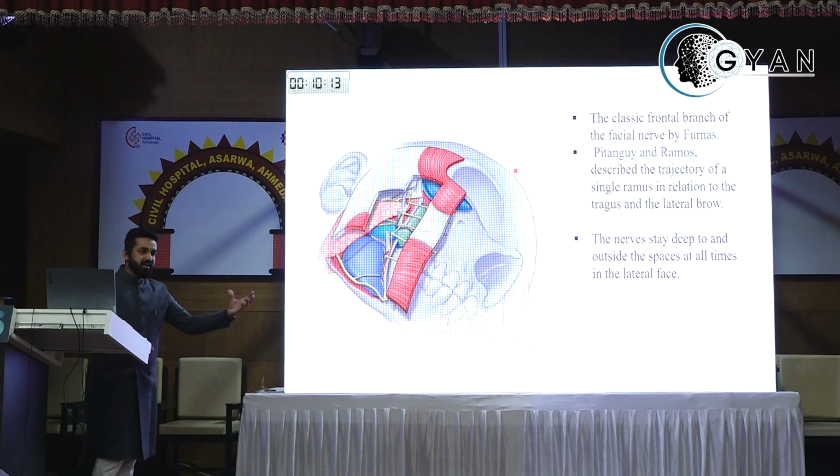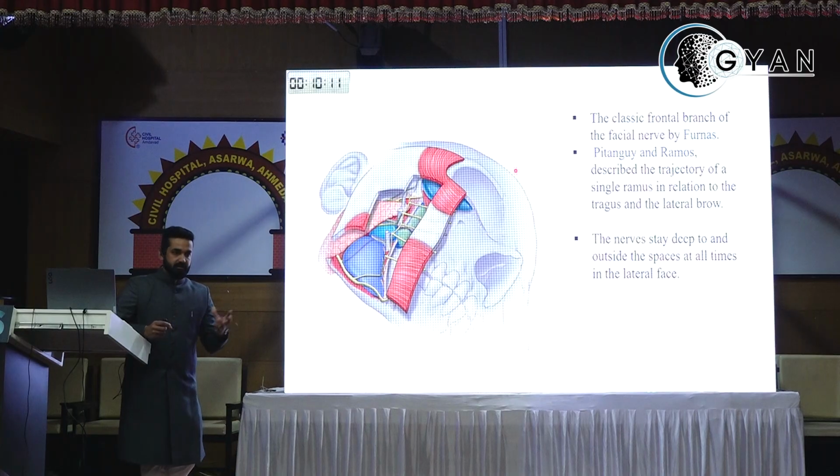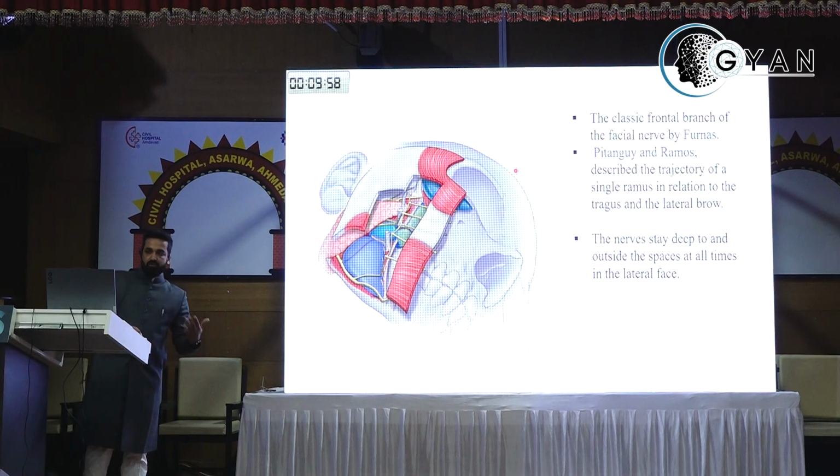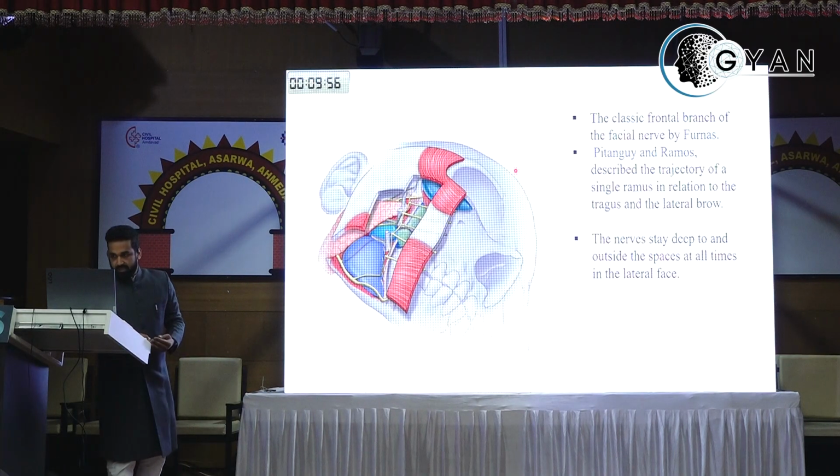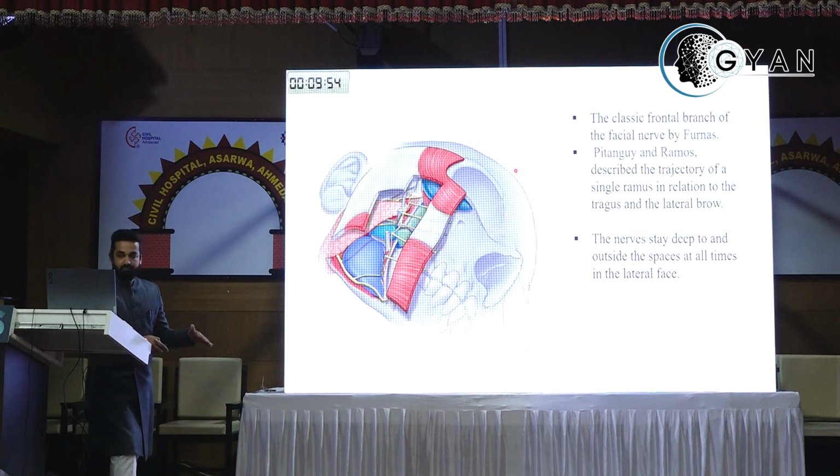Out of the 100 cadavers that were dissected by Callender, he found that 8 out of 100 had a very huge variation in its course. So the trajectory remained the same, and we will talk about that in the later slides. The nerves stay deep to the outside of the spaces at all times in the lateral face.